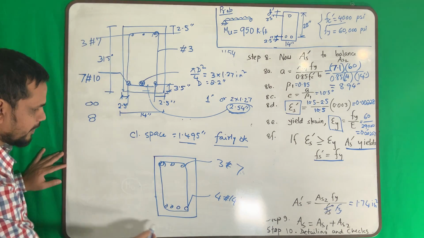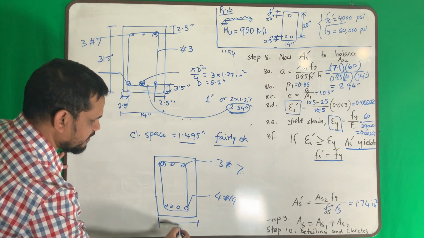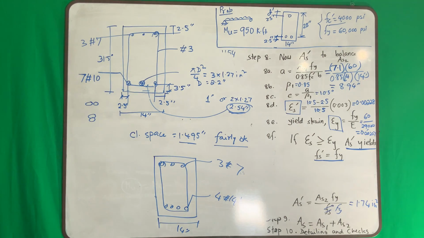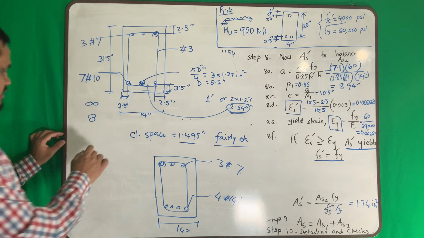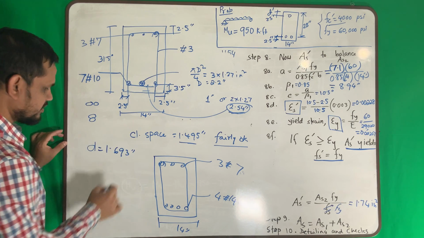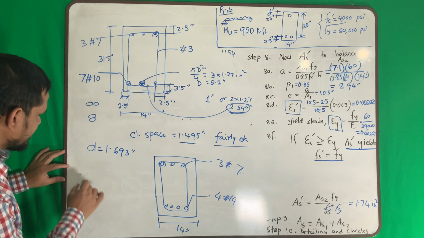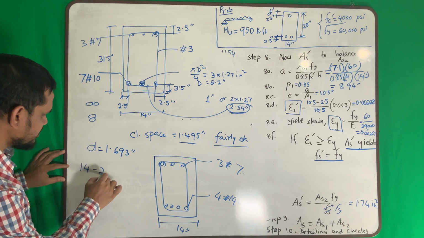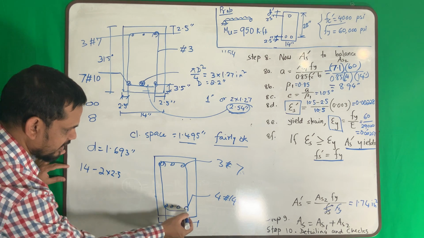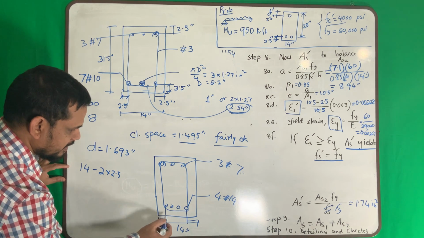Okay, check one more time. If I provide 14 bar, what is the dia for 14 bar? 14 bar is 1.693 inch. Okay, then what is my clear space here? I have 14 minus 2, 2.5. I am deducting 2.5 here, 2.5 there.